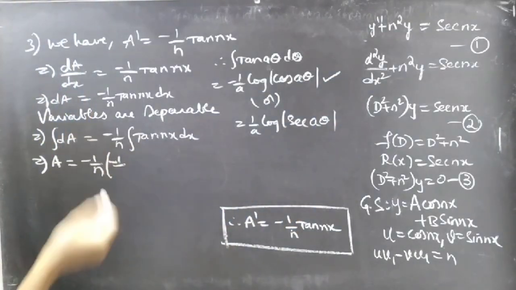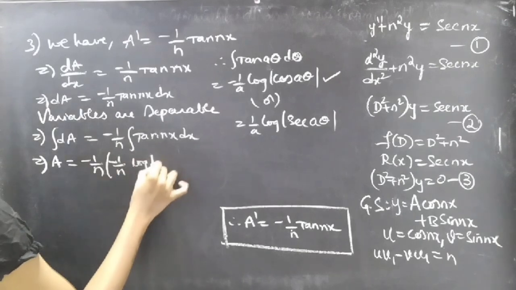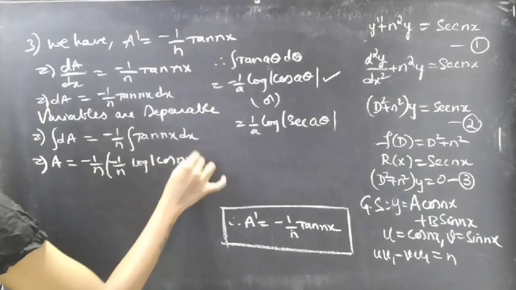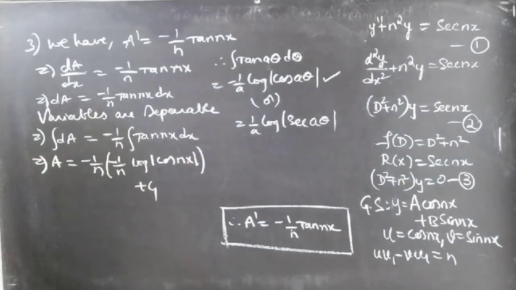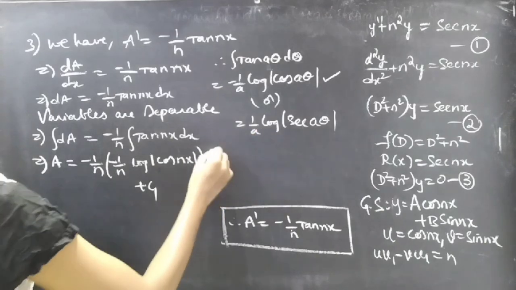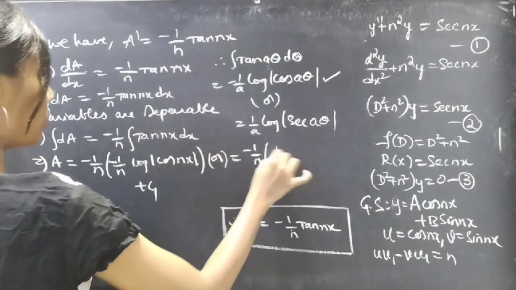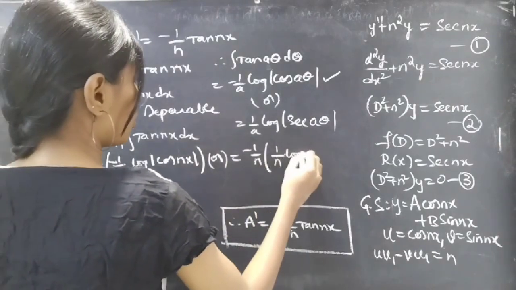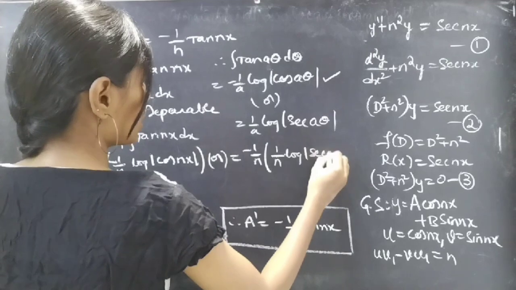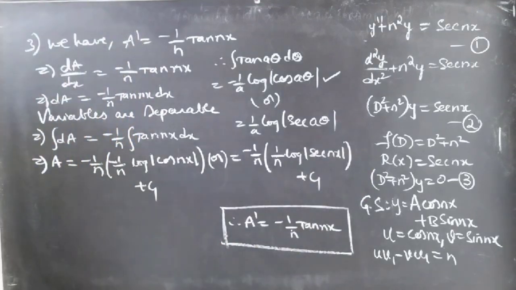If I use the first one, we'll get minus 1 by n log mod cos nx plus some integral constant, say c1, or if I use the second one, I'll get minus 1 by n into 1 by, for a equal to n, 1 by n log mod secant nx plus some integral constant, say c1.